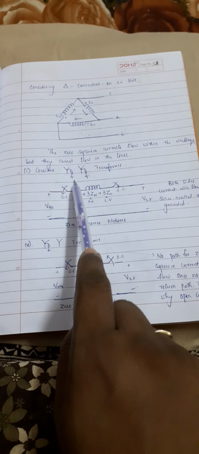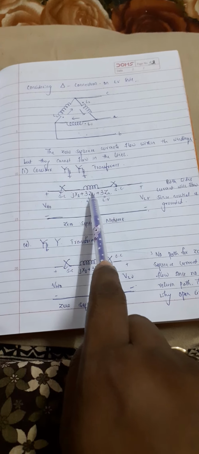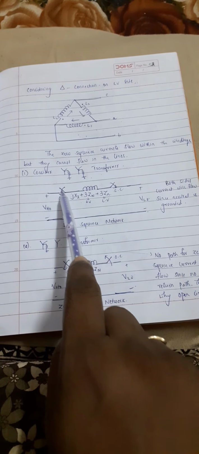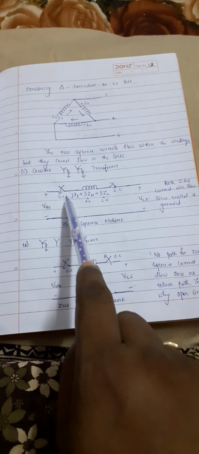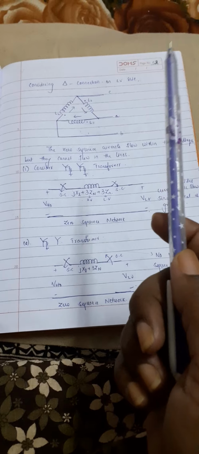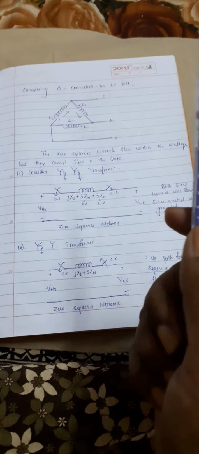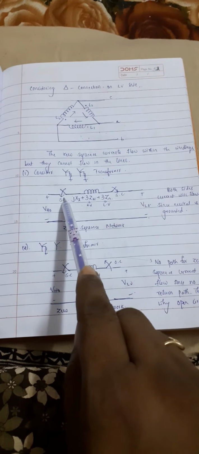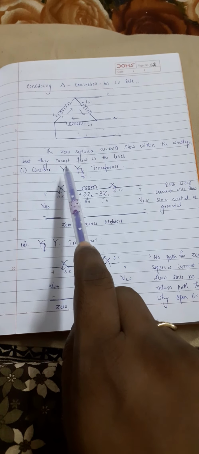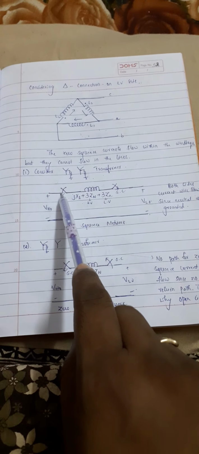That means there is a path for the current to flow through the neutral. I have just represented it in terms of a switch to show whether it is short circuit or open circuit, that is, whether there is a neutral path or not. Since there is a neutral path, I have to short circuit this.